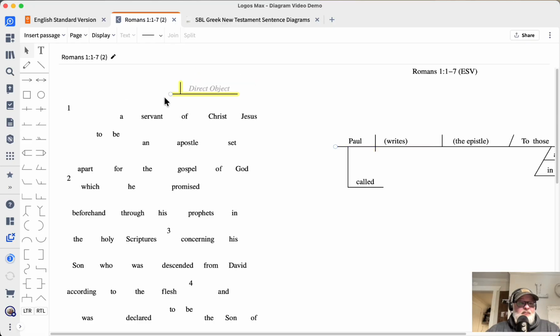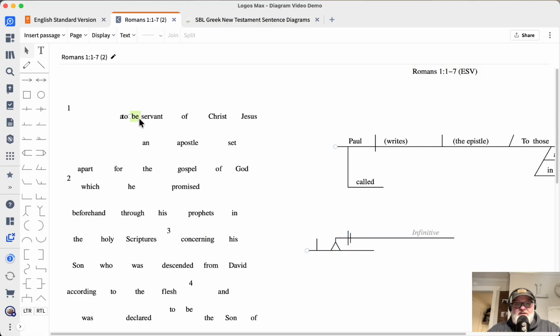And so I'm going to pull out our direct object marker here. And I'm going to go ahead and get rid of this little guy right there. I don't need him because I need a stilt. And then we need an infinitive shelf. And also this does not have a subject.